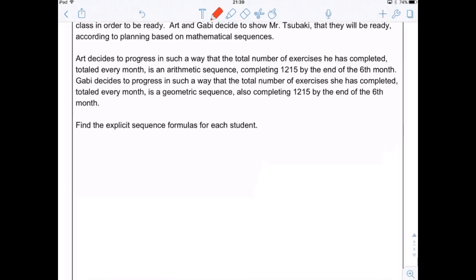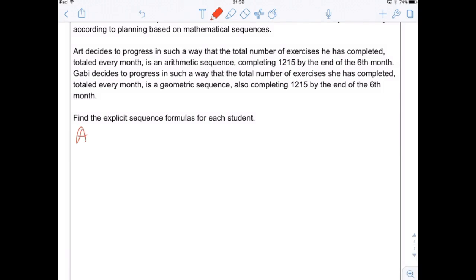Okay, so Art. Art wants to do 1,215 after 6 months. Remember the formula for the arithmetic sequence is u1 plus n minus 1 times d, right?